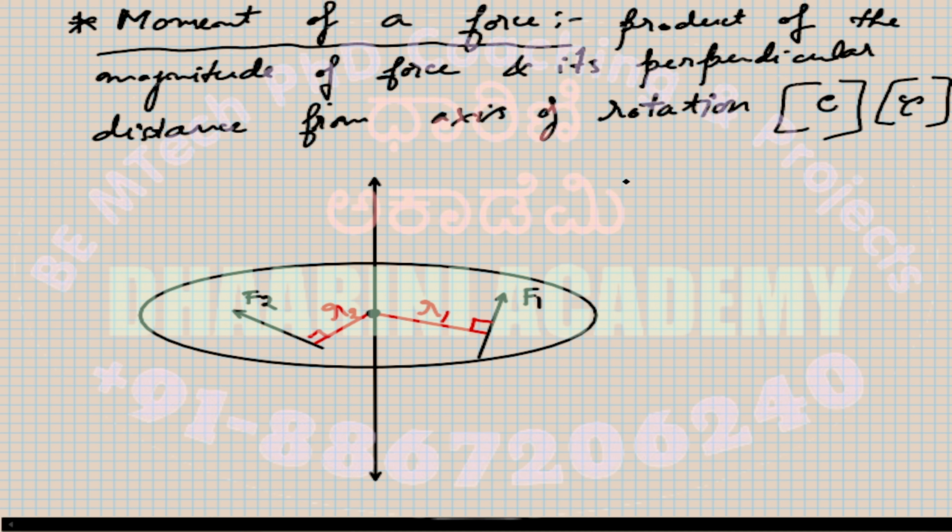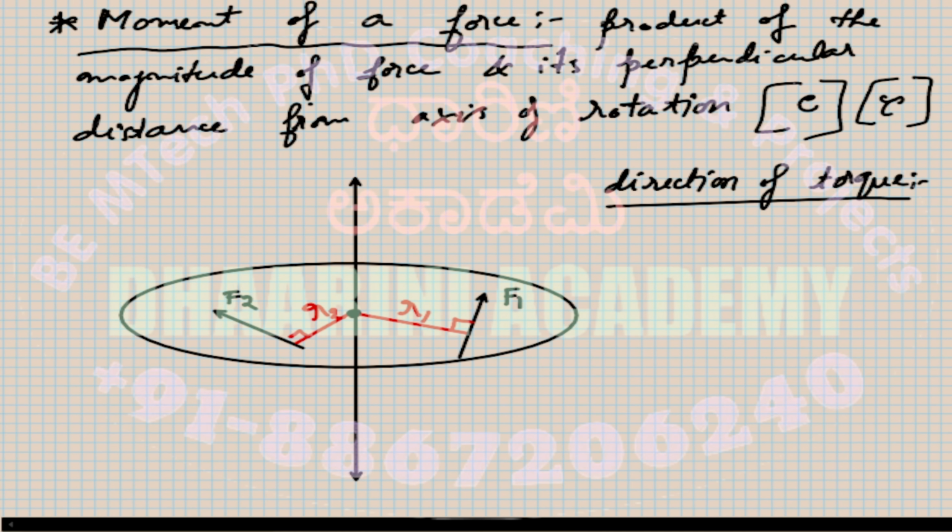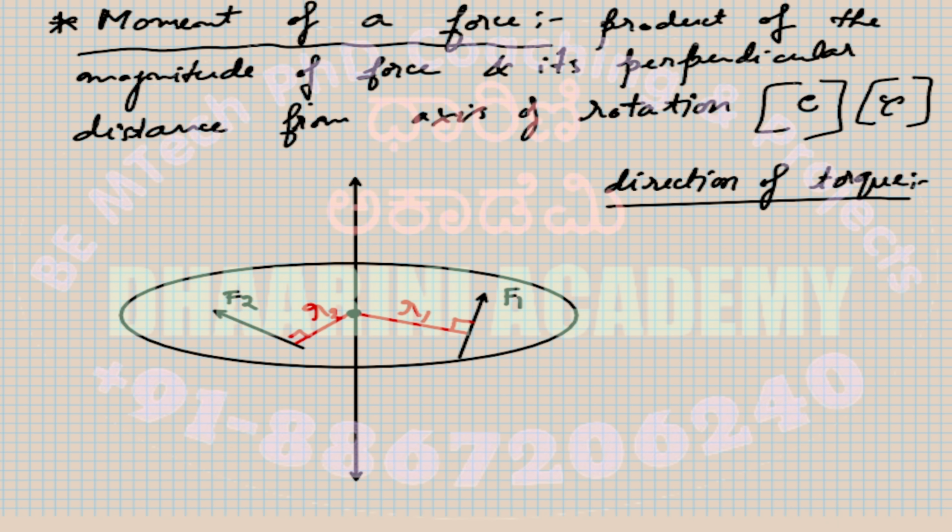This is the convention. I'll write the direction of torque. If I want to measure the direction of the torque, I identify whether the direction is indicated by positive or negative. For example, something which is rotating anti-clockwise is considered positive.